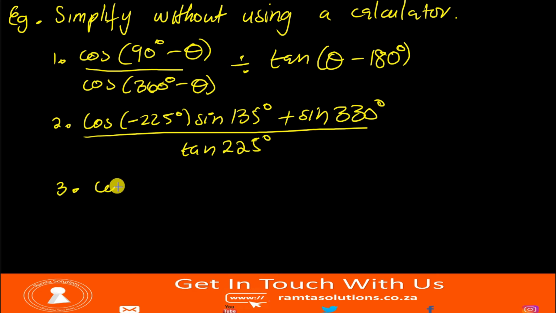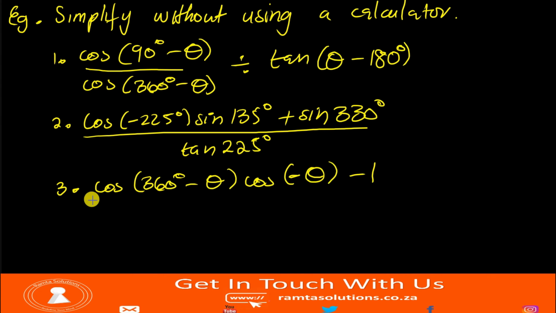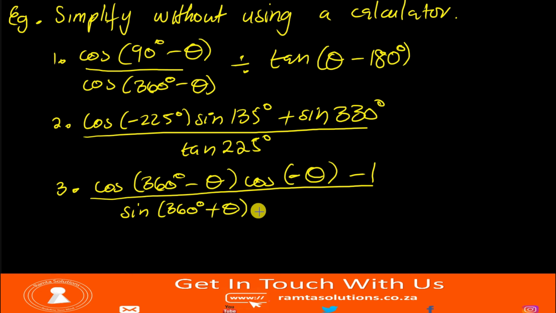Number 3, cos(360 degrees minus theta) times cos(negative theta) minus 1, all over sine(360 degrees plus theta) times tan(360 degrees minus theta).